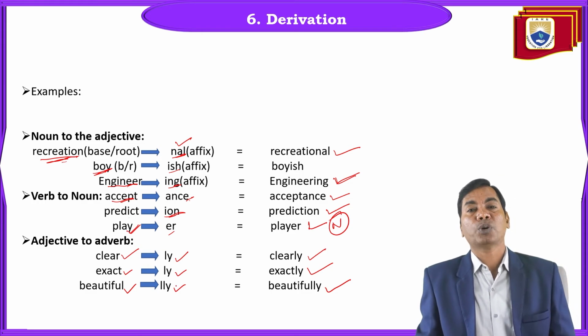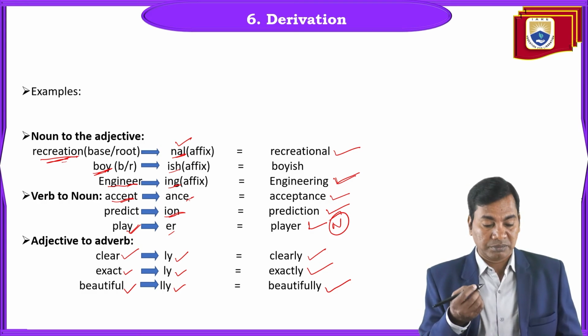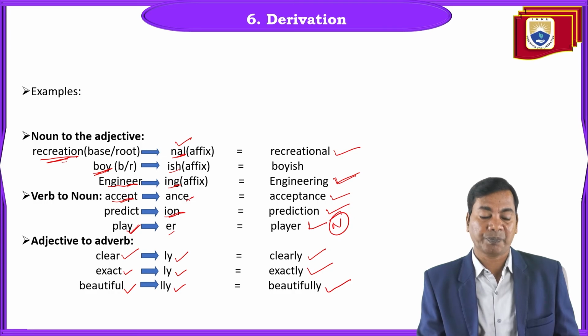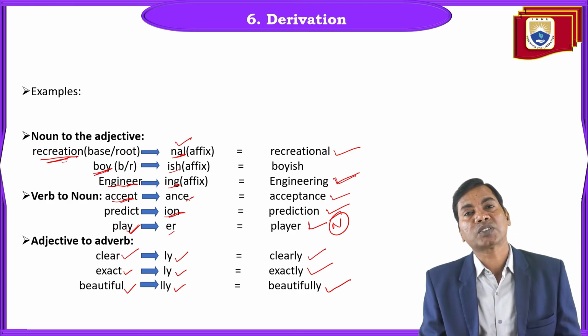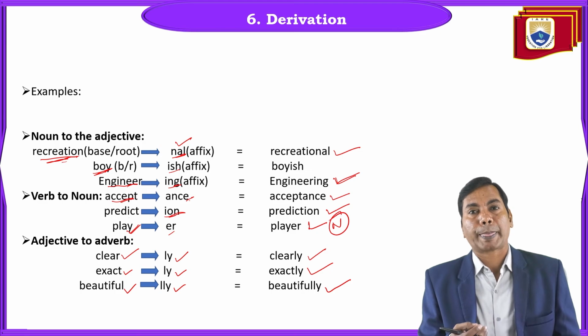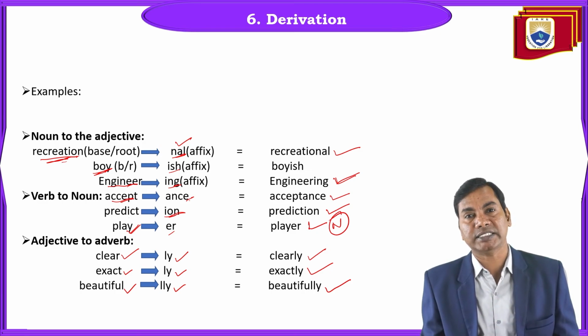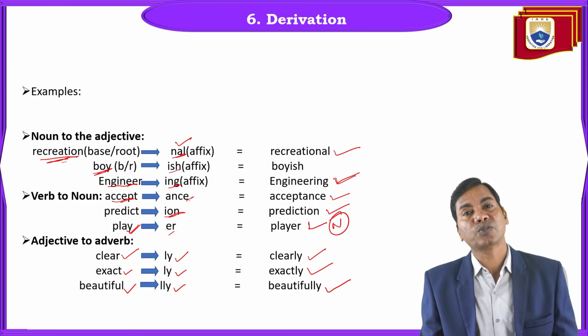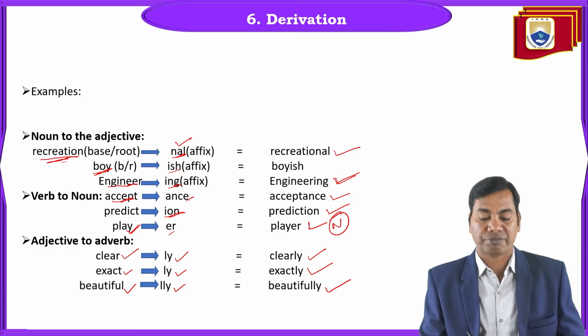So I'm talking about how to derive adjectives from nouns, nouns from verbs, and adverbs from adjectives. In the process of derivation, the parts of speech of the existing word will be changed after deriving a new word from that.